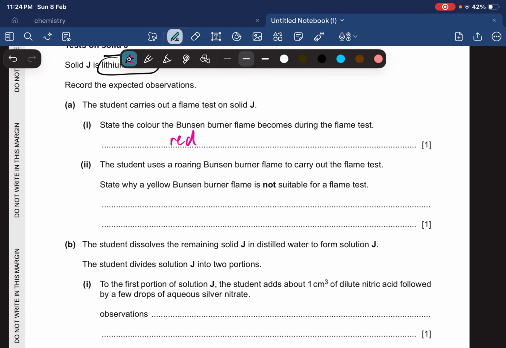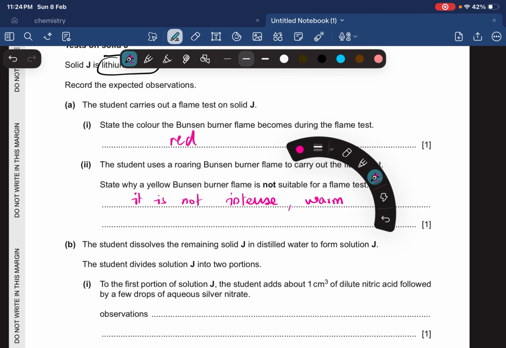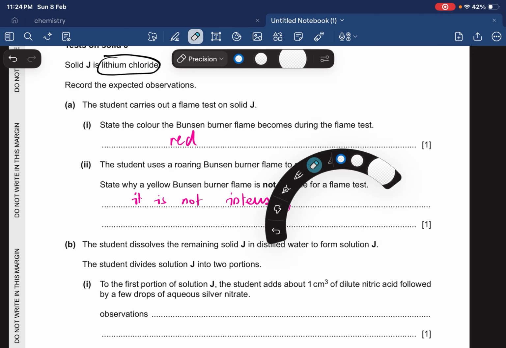It's less intense, while the fire that is blue is more intense. So a yellow flame is not hot enough. So we're going to say it is not intense, or you can say not hot enough.